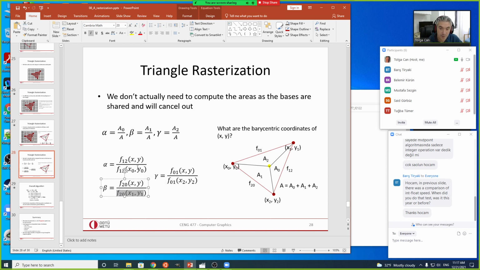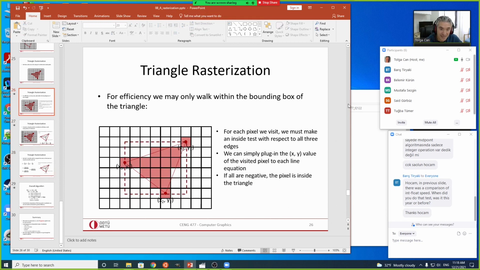When we were testing a pixel to be inside, remember we wanted these numerators all to be negative with respect to each of these edges. This is the same test. If the denominators are all negative, checking whether alpha, beta, and gamma are all positive is the same test as we have in this situation here.